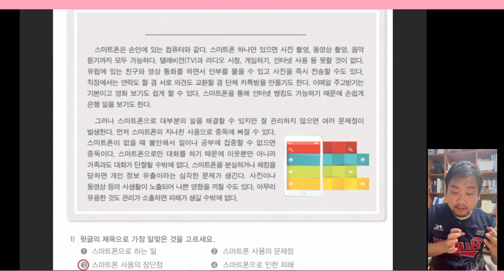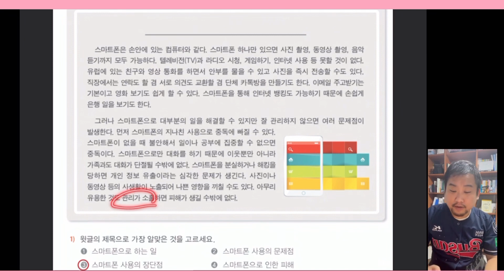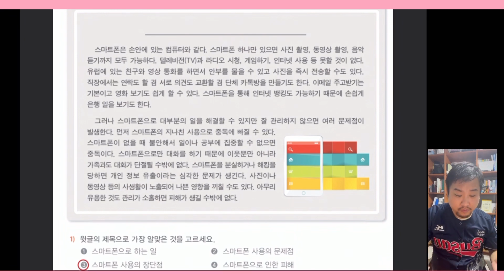You cannot help but have damage if you cannot control the smartphone. 관리를 소홀하면, neglect the managing, neglect the control.